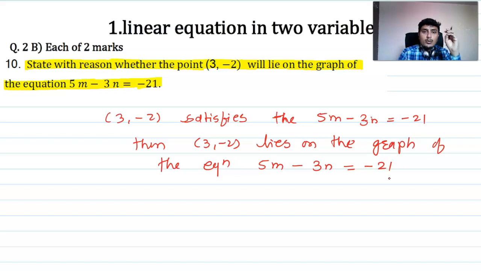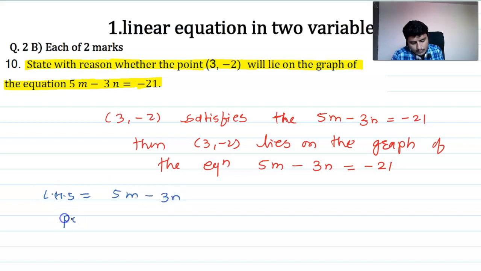So how could we verify that (3, minus 2) satisfies the equation? Instead of satisfies, you may use the words solution of the given equation. Keep in mind. So let us consider the LHS of the equation, that is 5m minus 3n, and put in the values.